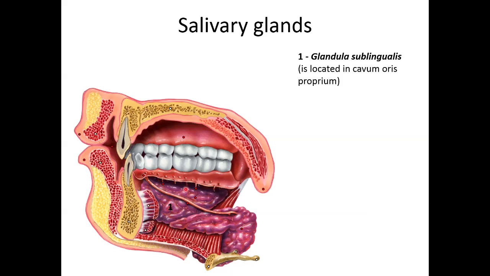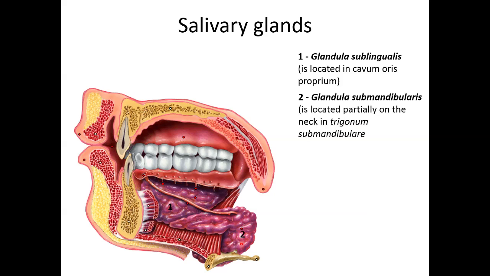So, glandula sublingualis. And the next, close to it, number 2, is glandula submandibularis. It's very interesting that glandula submandibularis consists of 2 parts.